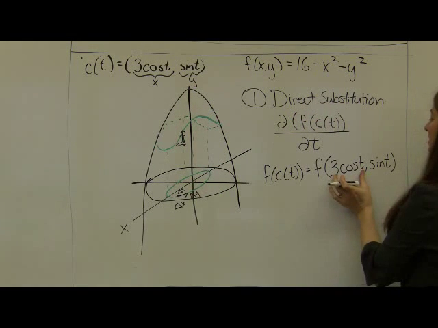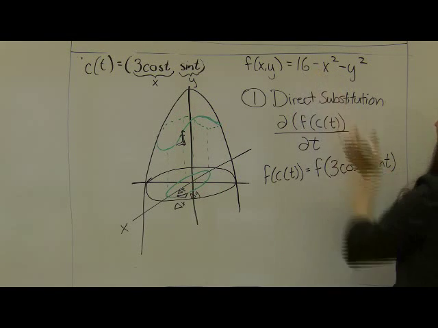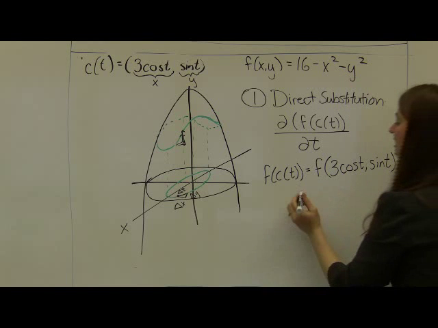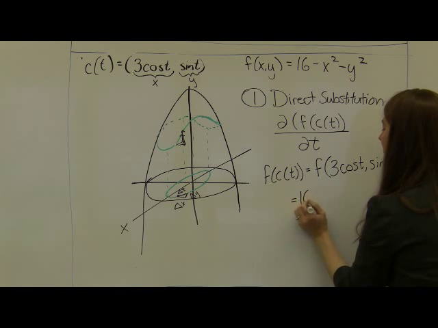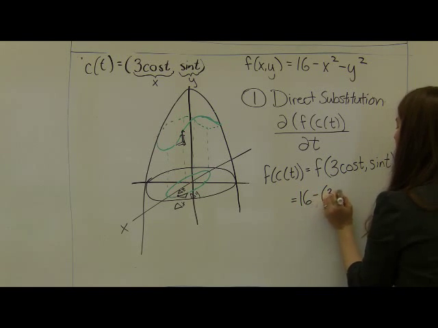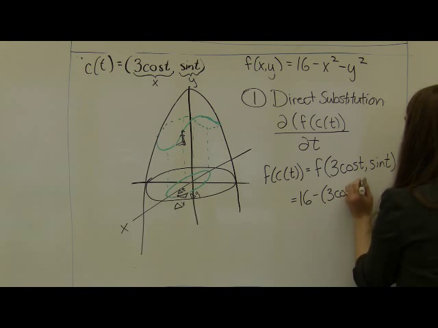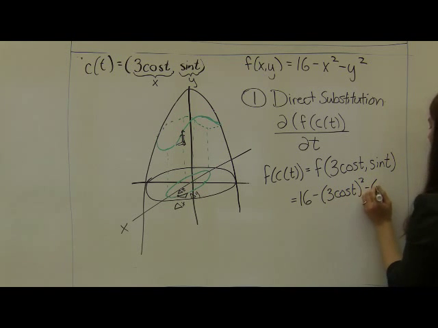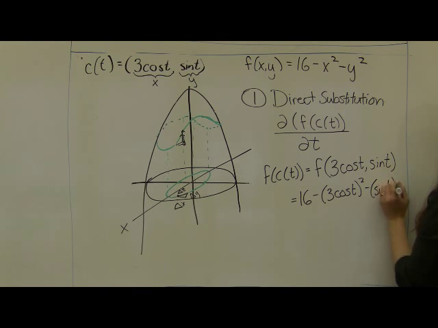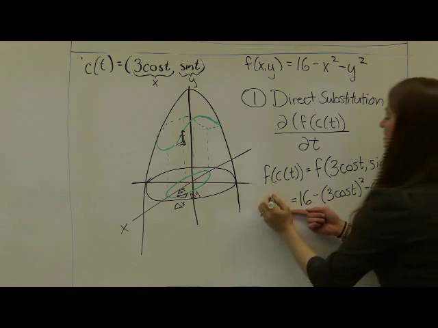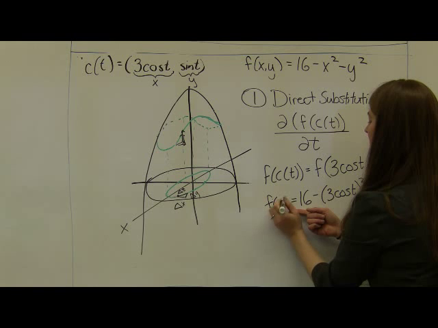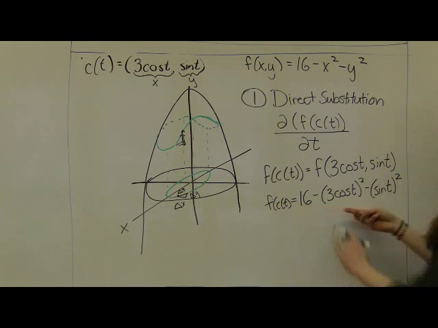So I'm going to take 3 cosine t and plug it into my x component, and sine t and plug it into my y component, and I end up with 16 minus (3 cosine t) squared minus (sine t) squared. So this is the composition, and now I want to take the derivative of this with respect to t.